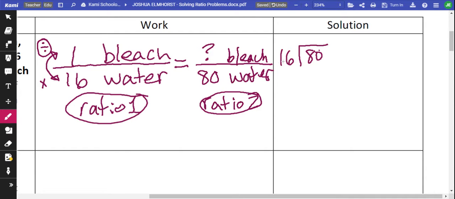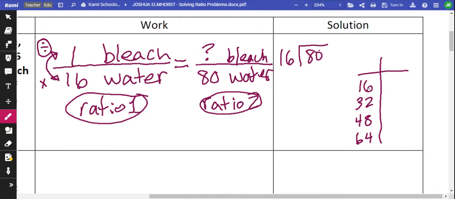Now, if you don't know your multiples of 16, you can also do a T-chart. 16, 32, then just keep adding 16. What is that? 48, plus 16 again, and then plus 16 again.